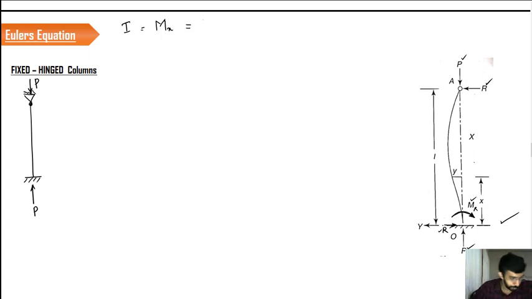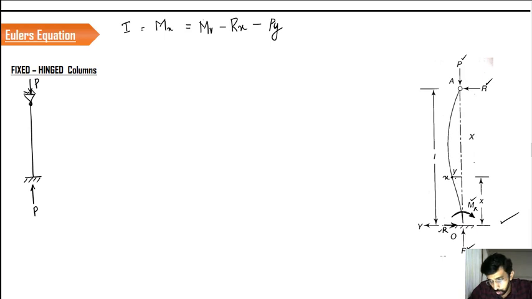Altogether, when you consider the net equation, it is going to be the reactive moment MR minus R into x, because this R is located at a distance of x from the point X, and again one more moment due to P into y.